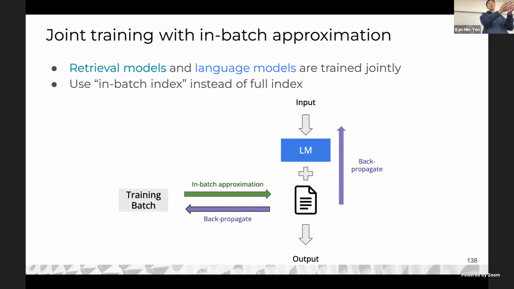By using some approximations and techniques, I can still guarantee that the accuracy of the training will be fine while saving time to rebuild the index.